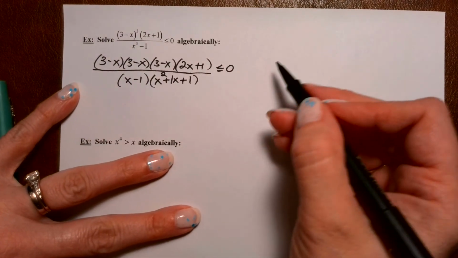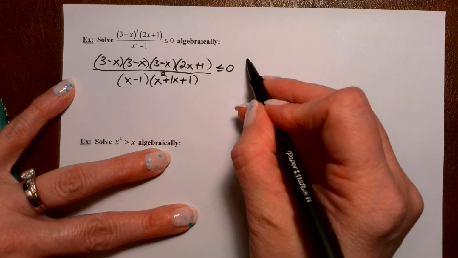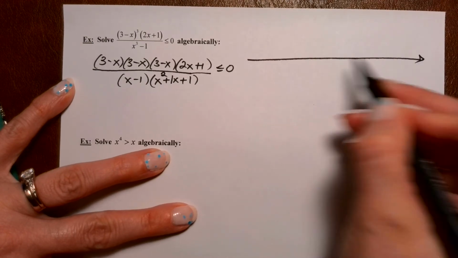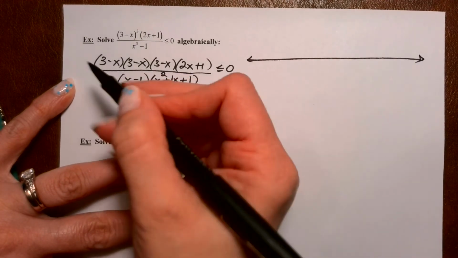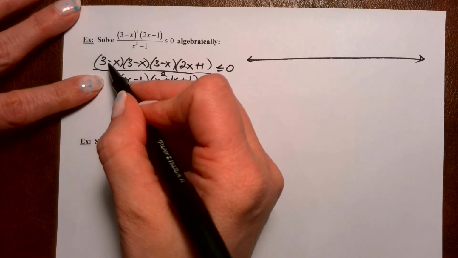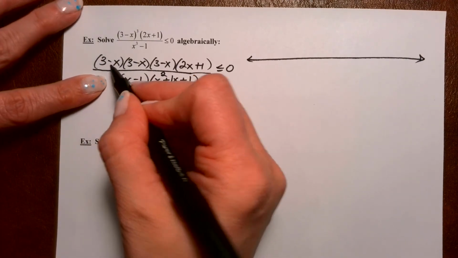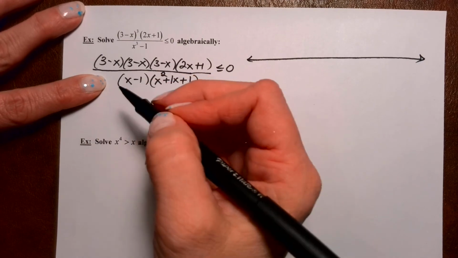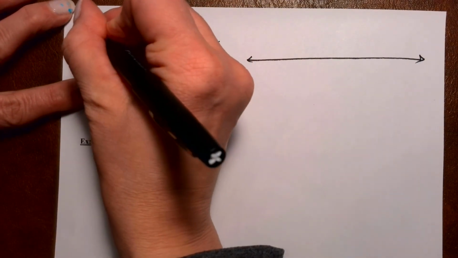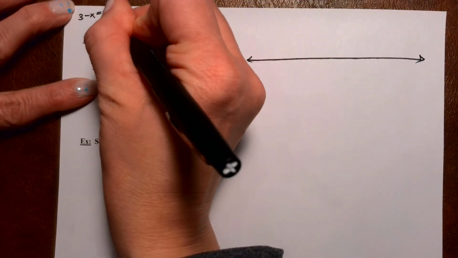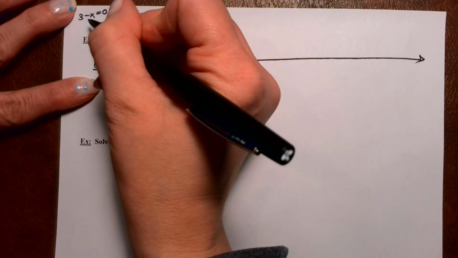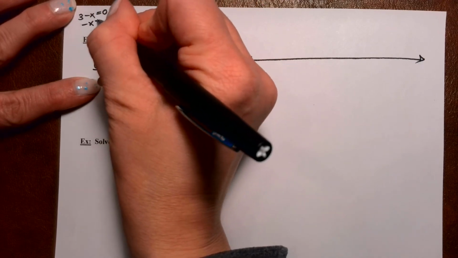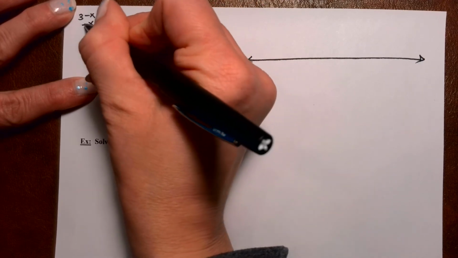All right, let's think about the critical values here that are going to go on our number line. Okay, if this is confusing for you, remember, you can always go and solve for the x-intercept. 3 minus x is equal to 0. Negative x is equal to negative 3. Then you change.